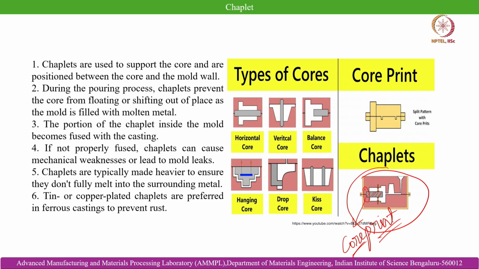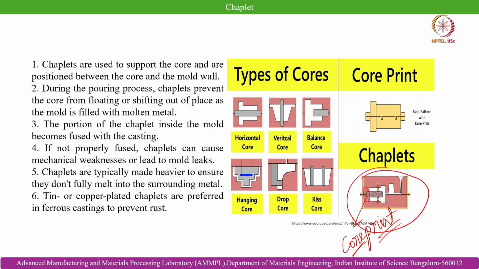You have a provision of supporting it with the help of a core print in one direction, but not in the other direction. Because of this overhang, it can still be dislodged at the onset of melt flow within the cavity, and that can cause a tapered hole.